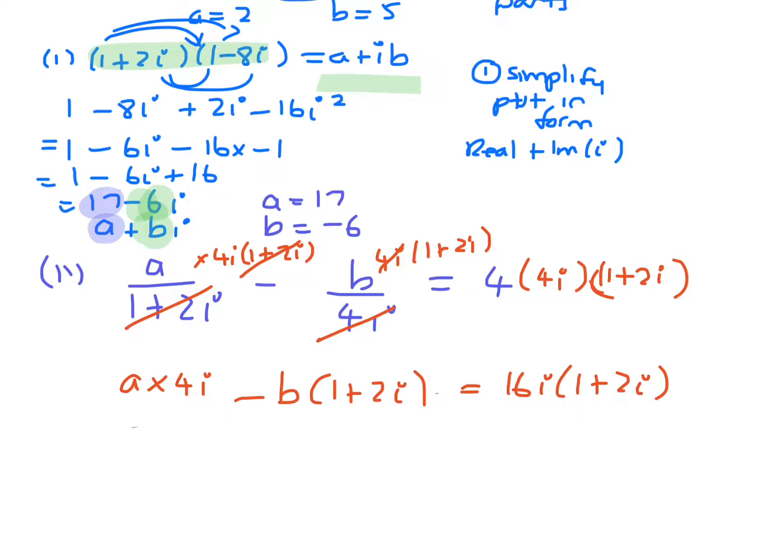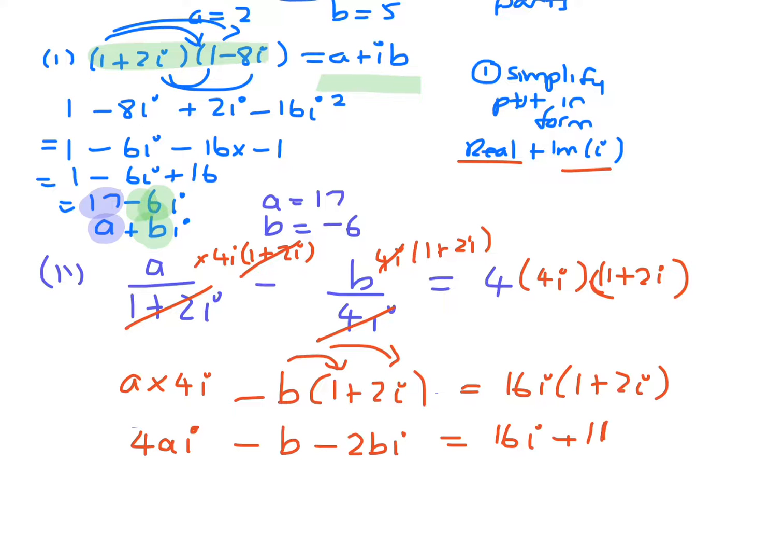Okay, so simplifying this and putting it into the form of the real part and the imaginary part. That's going to be 4ai minus b minus 2bi, because we just expanded, equals 16i plus 16 times 2i squared.